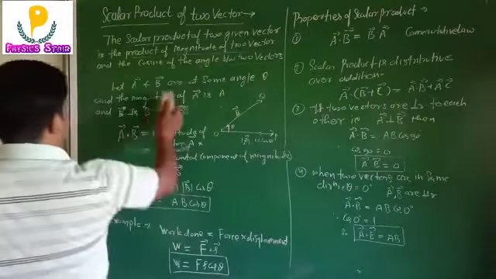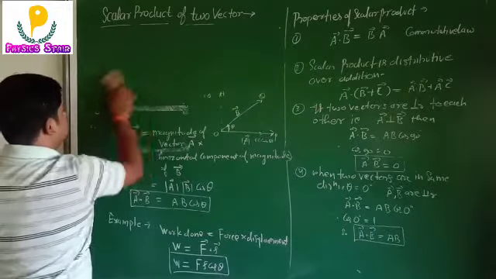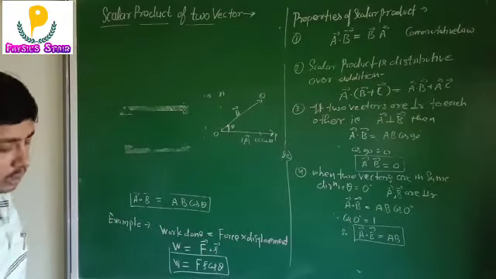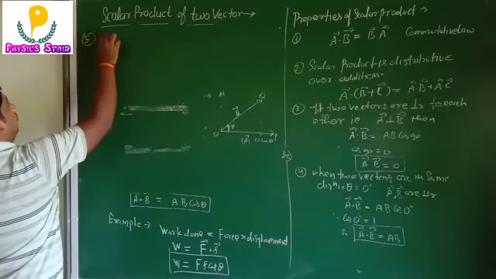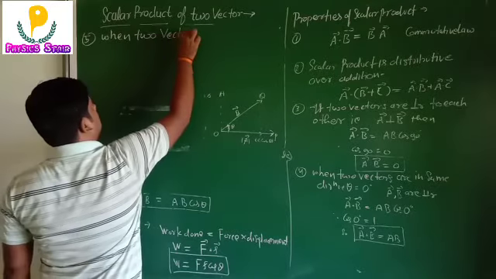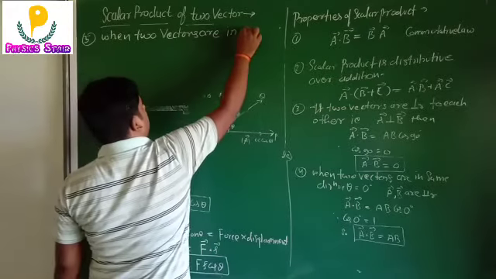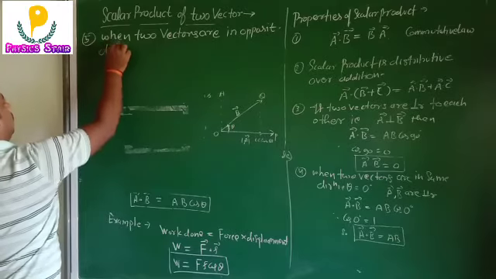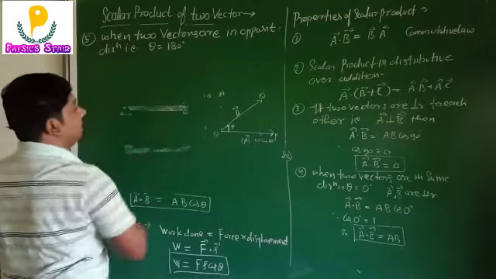In that case, we will consider the next property, the fifth, when two vectors are in opposite direction. That means theta is equal to 180 degrees.